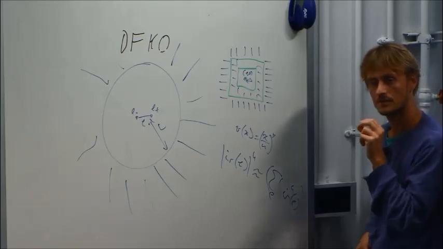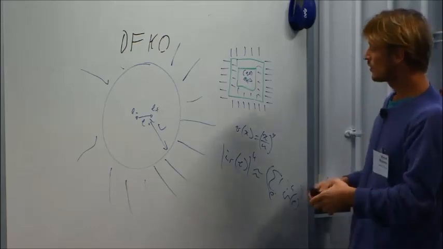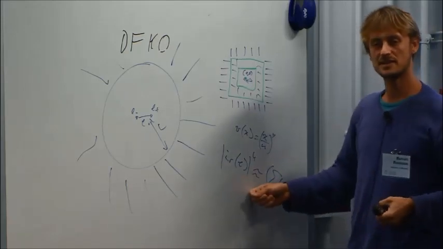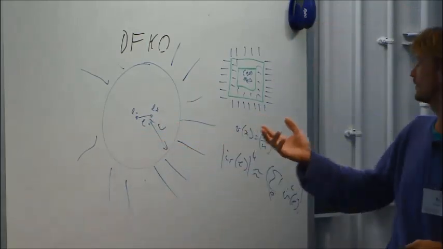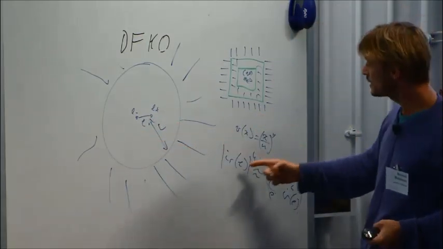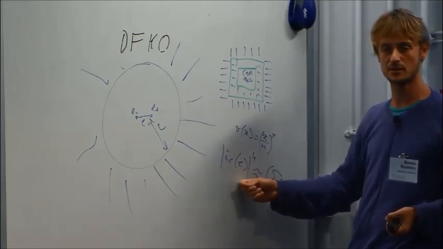What you're showing is that the Gaussian approximation does not hold. How do I deduce that? Because the influence of edge E is of this order.